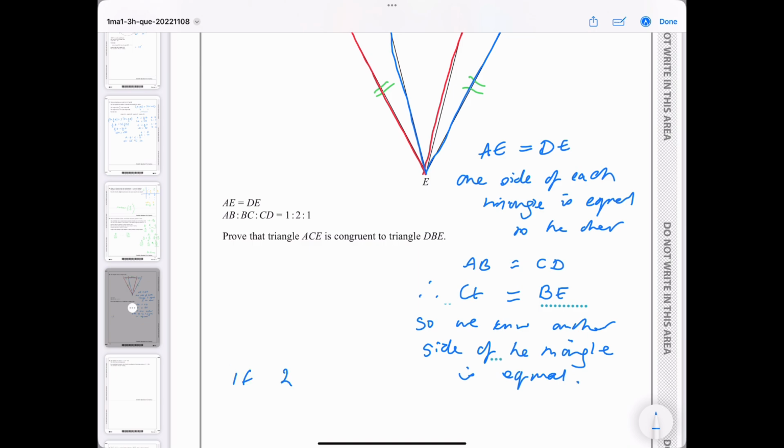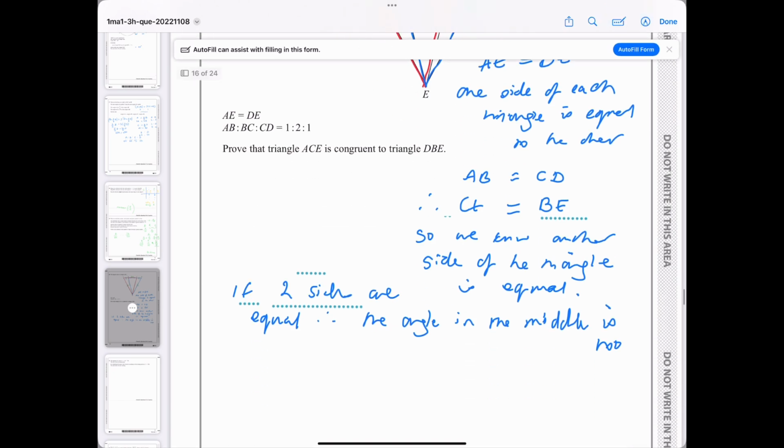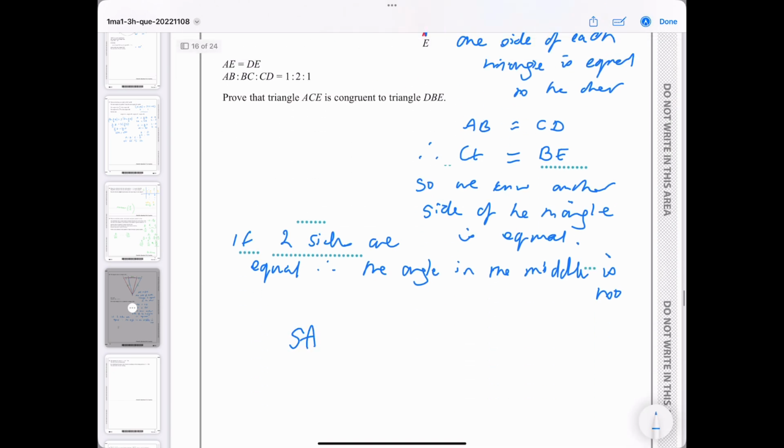If two sides are equal, therefore the angle in the middle is too. So that means you have side angle side equals side angle side, therefore congruent.